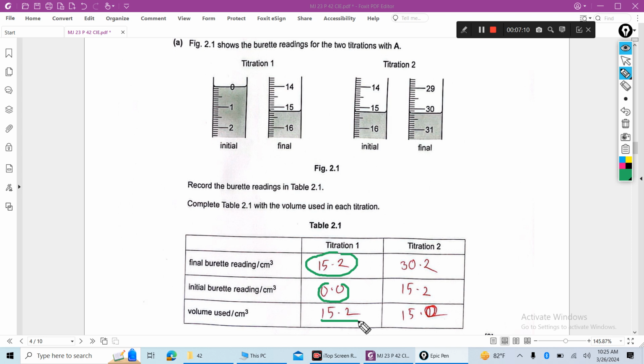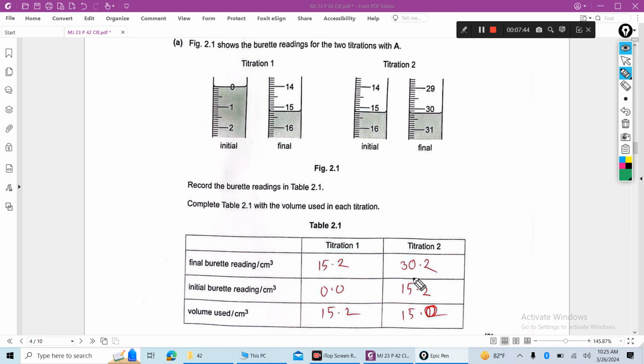Now you see titration 2. Titration 2 initial burette reading is 15.2, 15, then 0.1, 0.2, this meniscus, 15.2, and final 30.2, 30, 30.1, 30.2, 2 small divisions.